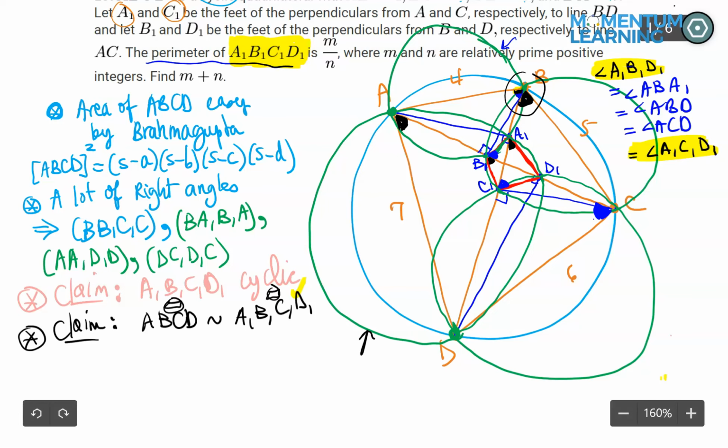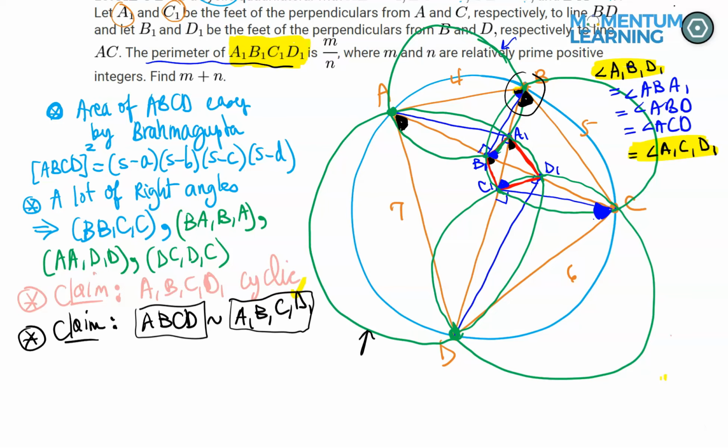So now we know the perimeter of one of them. If I know the ratio of similarity between these two quadrilaterals, I can easily find the perimeter of the second quadrilateral as well. So how can I get that ratio of similarity?